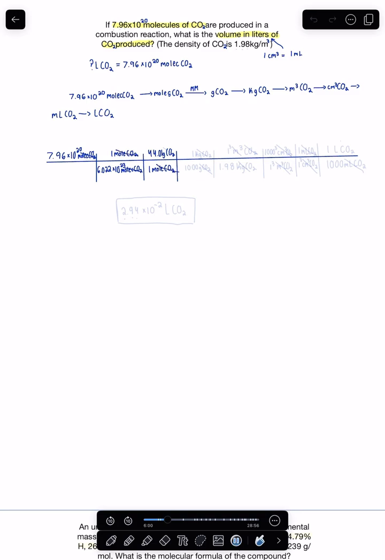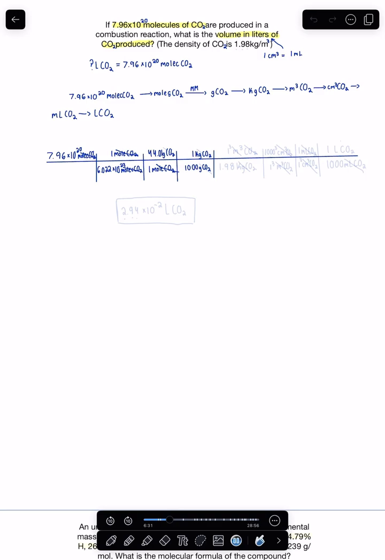The moles cancel out once again, and now it is time to convert into kilograms. So we know that there are 1,000 grams in 1 kilogram. And it's always helpful to think about the bigger unit is typically the smaller number. There's more of the smaller unit in 1 big unit.